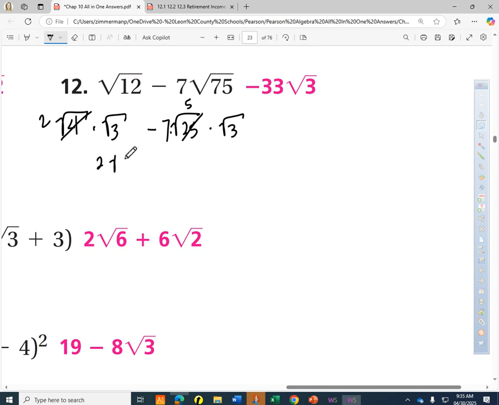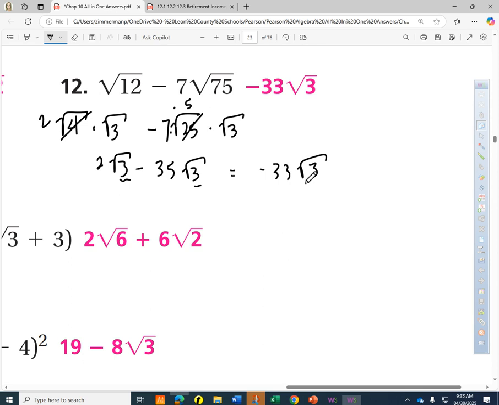So we're at 2 square root of 3 minus, remember the numbers on the outside get multiplied, so minus 35 square root 3. So now we have square roots that have the same number under the radicand, or under the square root. Rather, they are called the radicand. They're under the radical. We can also call the square root symbol the radical. So subtract the coefficients. 2 minus 35 equals negative 33 square root 3.